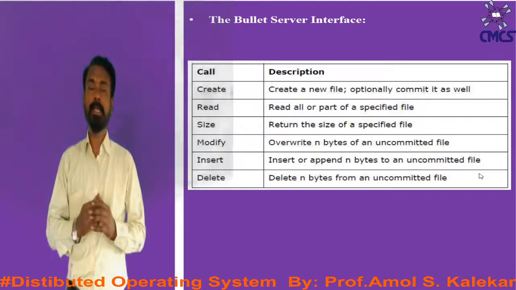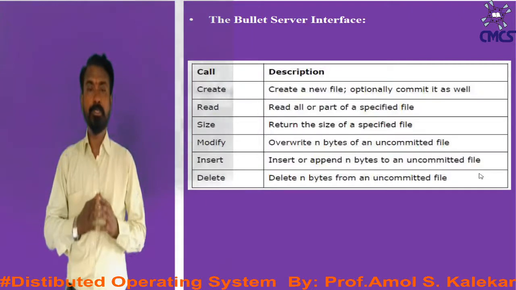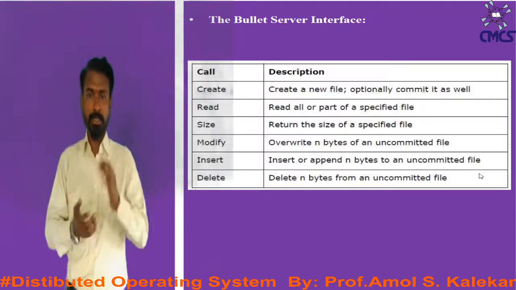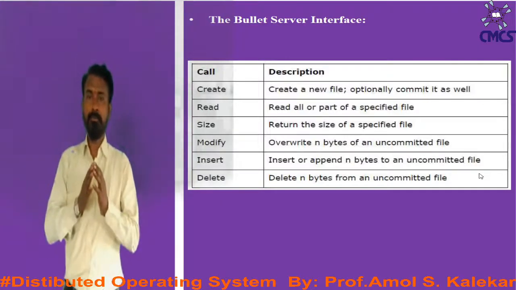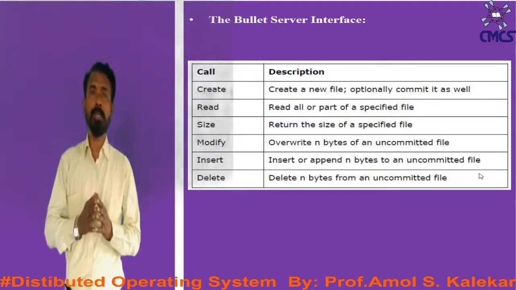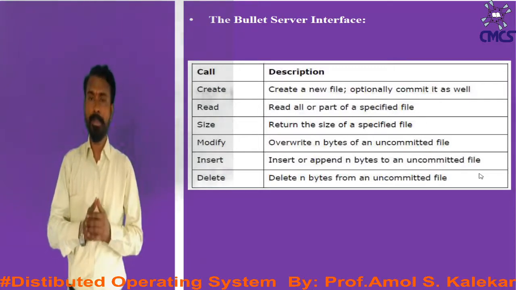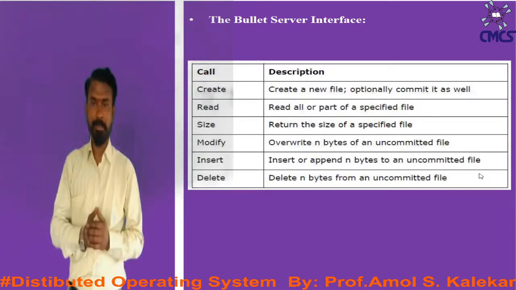And finally, there is delete, which deletes n bytes from an uncommitted file. Dear students, these are the various calls supported by the bullet server interface, respectively create, read, size, modify, insert and delete.